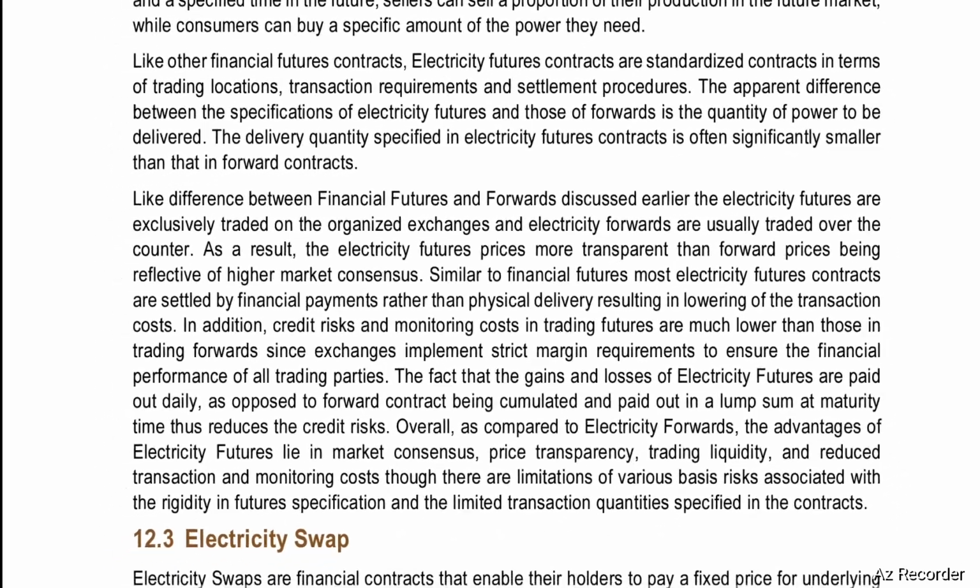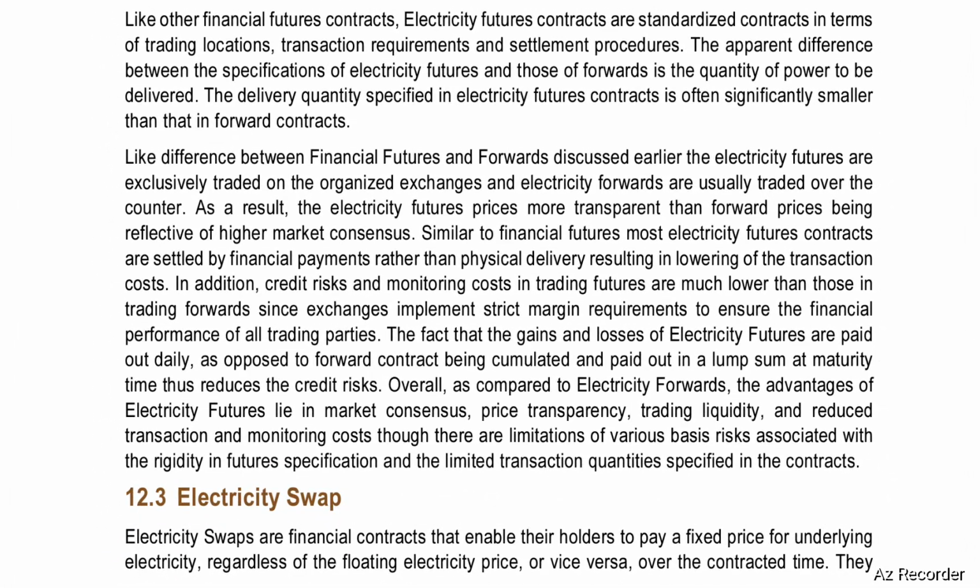Like other financial futures contracts, electricity futures contracts are standardized in terms of trading locations, transaction requirements, and settlement procedures. The apparent difference between the specifications of electricity futures and those of forwards is the quantity of power to be delivered. The delivery quantity specified in electricity futures contracts is often significantly smaller than in forward contracts.